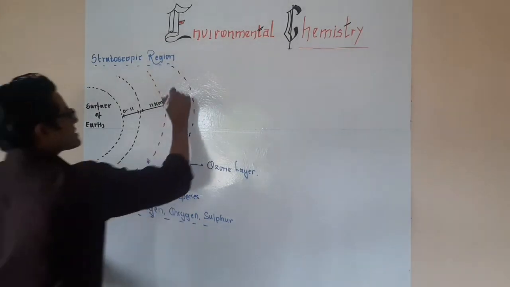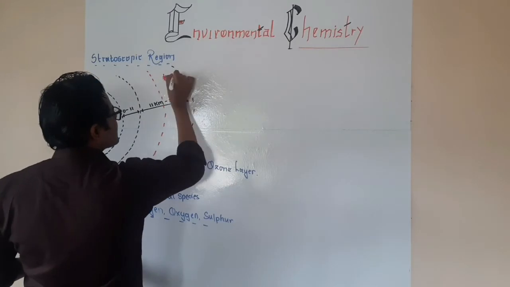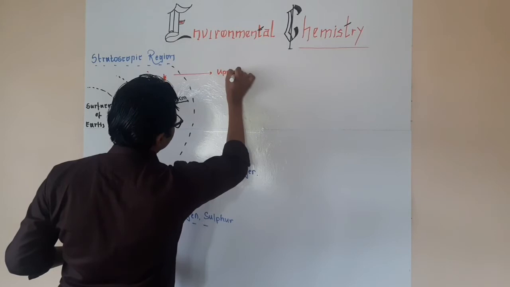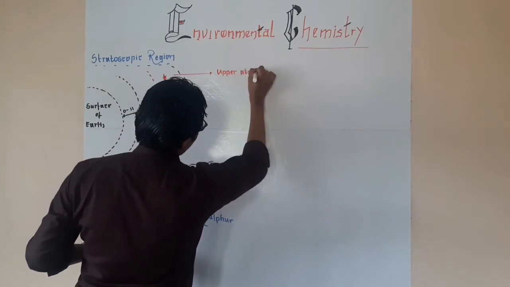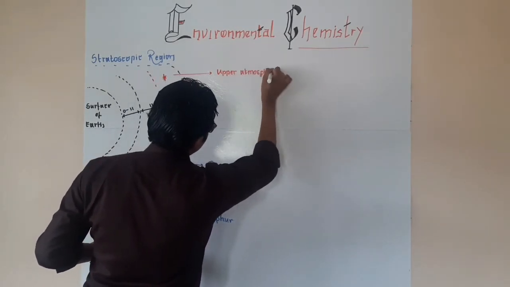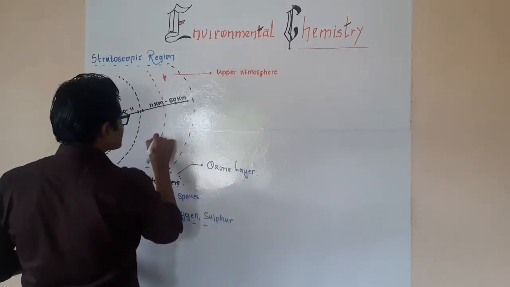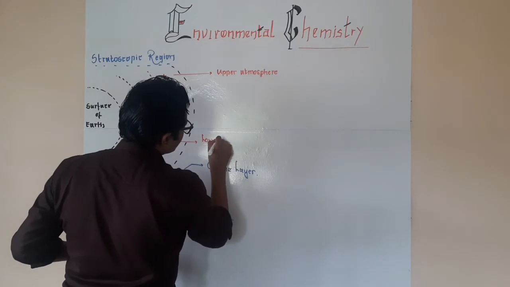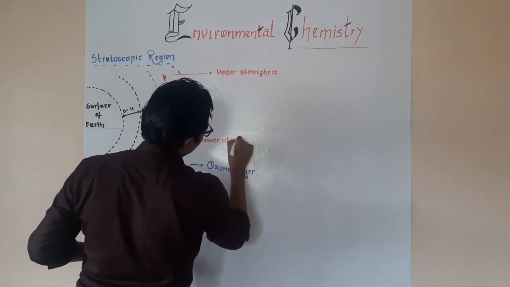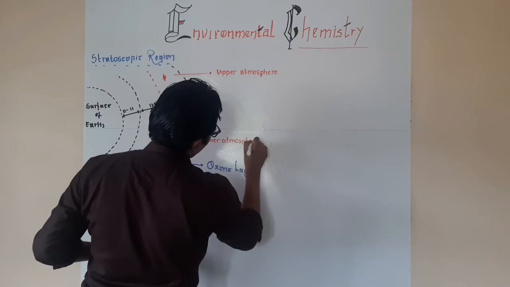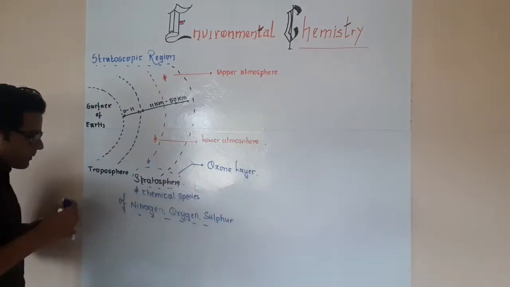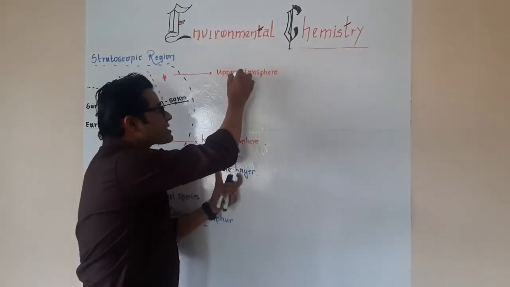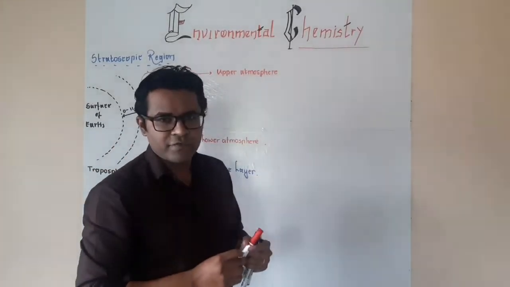This region represents the upper atmosphere, and this region corresponds to the lower atmosphere. The ozone layer acts in different ways in the upper and the lower atmosphere.